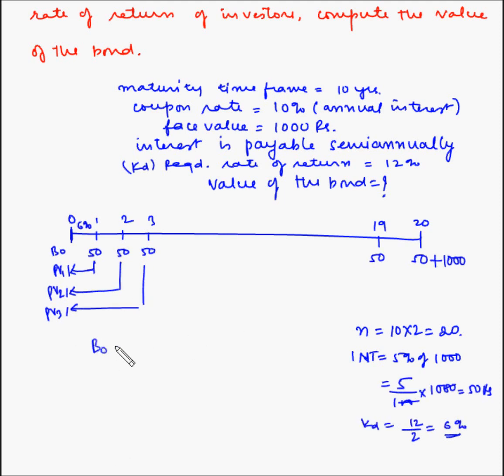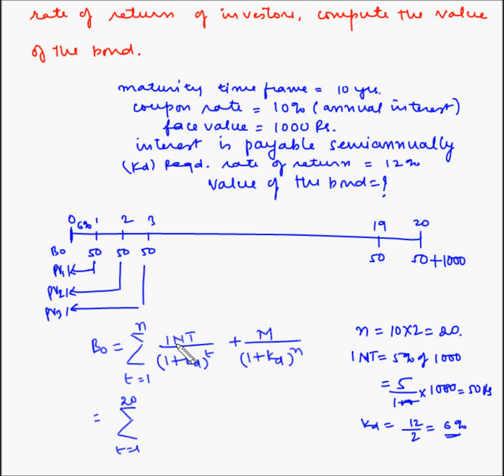So B0 is equal to sigma T is equal to 1 to N INT divided by 1 plus KD to the power T plus M divided by 1 plus KD to the power N. So let's plug in the values. T is equal to 1. Now N is the number of periods, which in our case is 20.